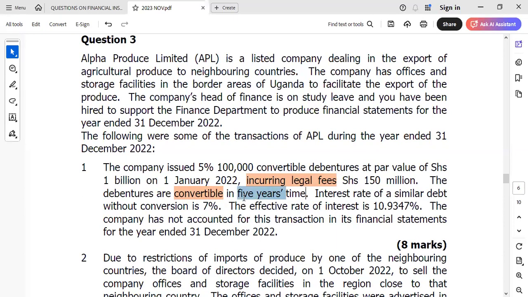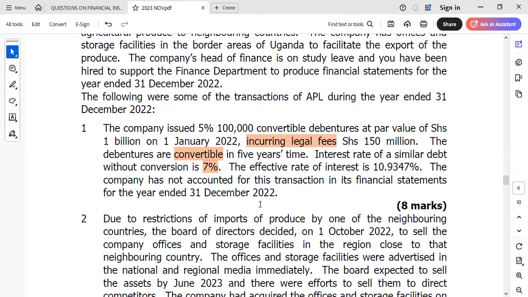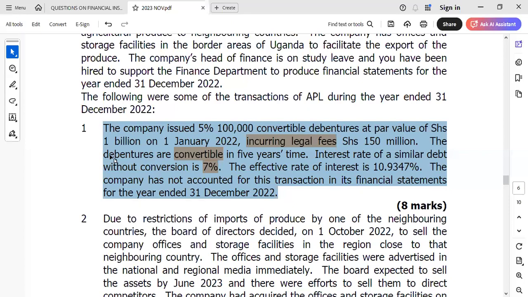So you have the conversion date here. Okay. Interest rate of a similar debt without conversion is 7%. The effective rate of interest is 10.9347%. The company has not accounted for this transaction in its financial statements for the year ended the 31st December 2022.